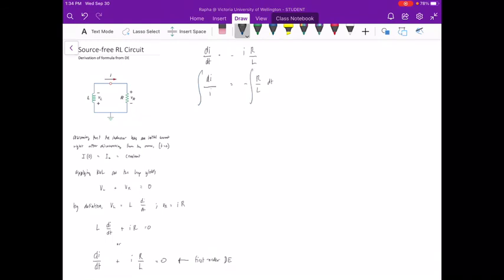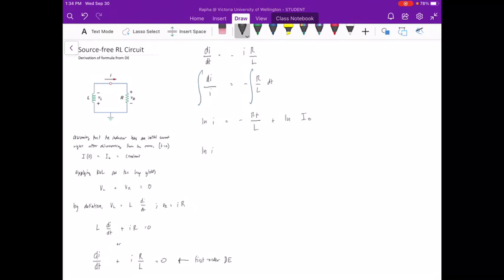So di over I will become ln of I is equal to negative R times t all over L plus ln of I sub 0, or the integration constant.